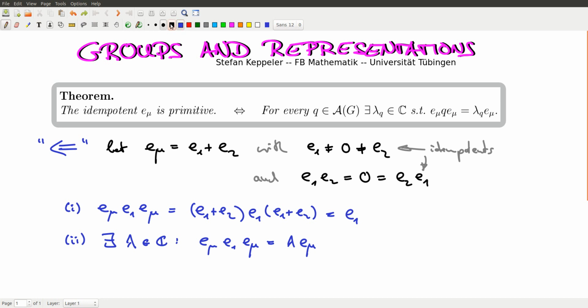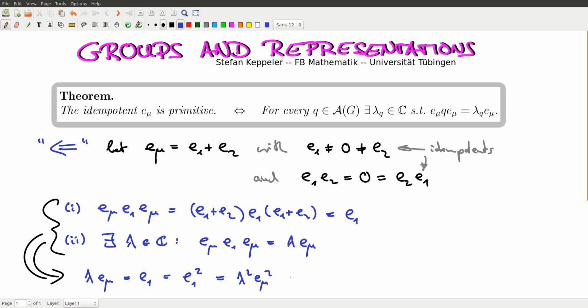Okay, and if we compare these two, then we see that now lambda e mu is equal to e1, but e1 is equal to e1 squared. And since e1 is equal to lambda e mu, we can also write this as lambda squared e mu squared, but e mu is idempotent, so we have lambda squared e mu.